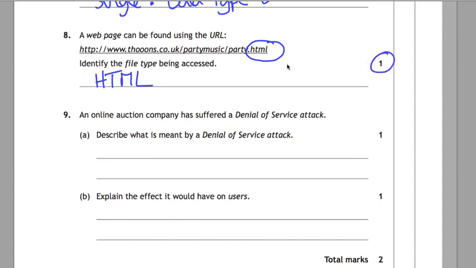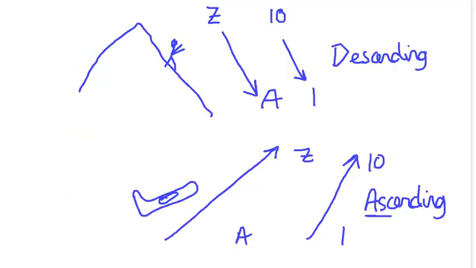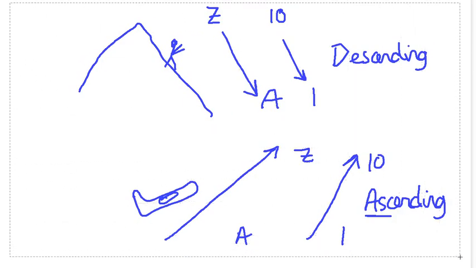If you look at 9, an online auction company suffered a denial of service attack. What is meant by a denial of service attack? You might have heard the term DOS, and how does it affect the users? Now, hope you remember, if we access a website, it's on a special computer called a web server.